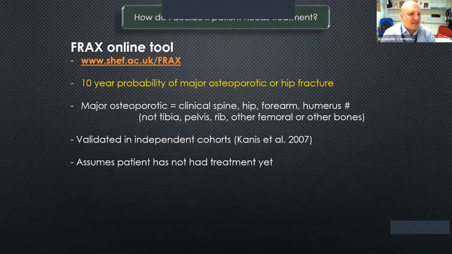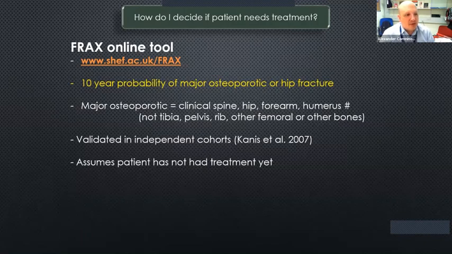They didn't always collect all these fractures, so that's why they're not always included. But if you wanted to include the tibia, pelvis, rib, and other femoral or other bones, you could probably multiply the 10-year probability you come out with by about 10%. So if you've got a 10% risk of major osteoporotic fracture, it's probably 11% if you want to include those other bones.